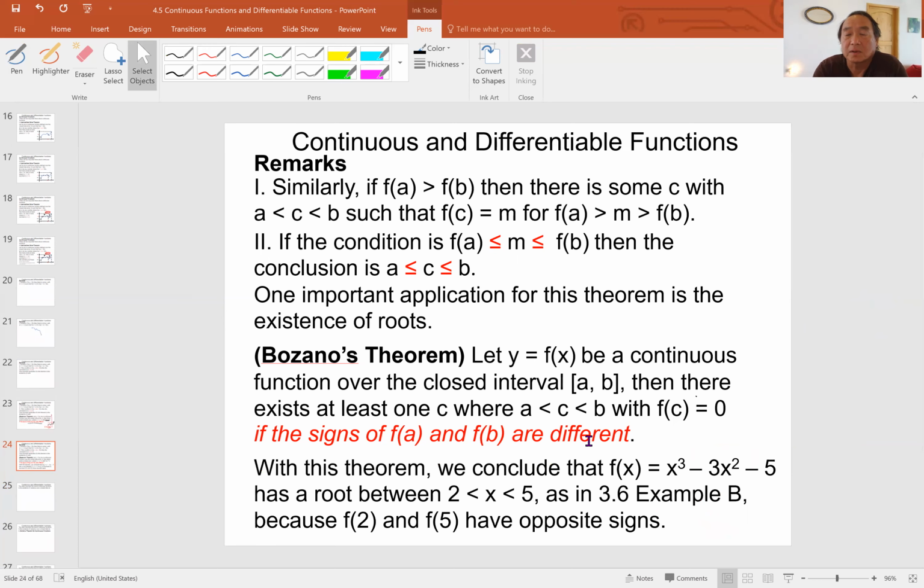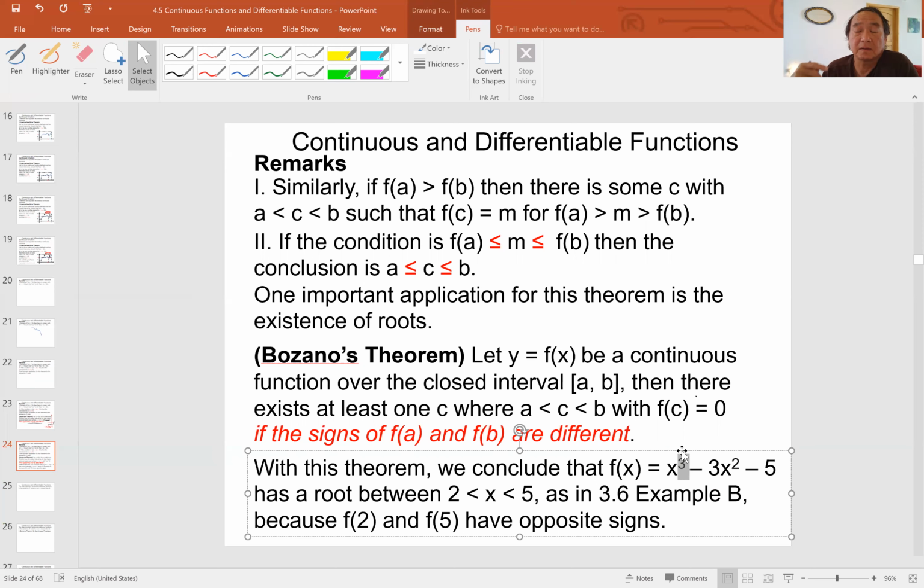For example, this gives an argument that any odd degree polynomial, like over here with degree 3, must have at least one root. Why? Because if I plug a large positive number into an odd degree polynomial, like 5 into a cube, the output will be positive.